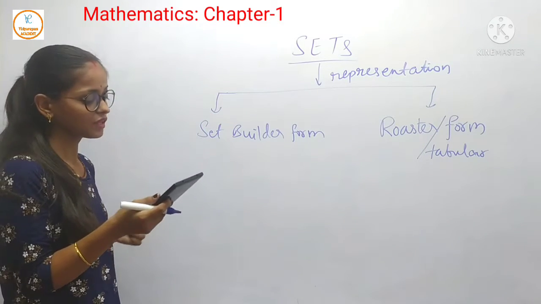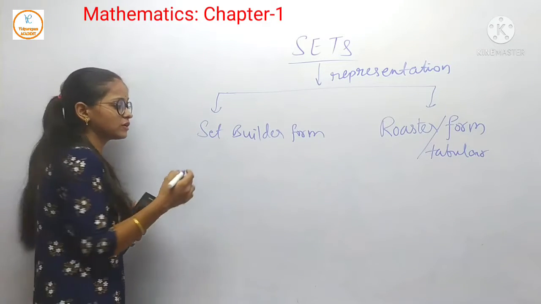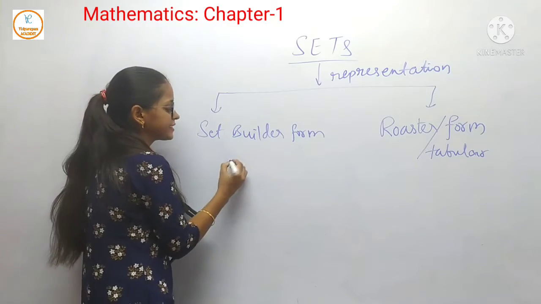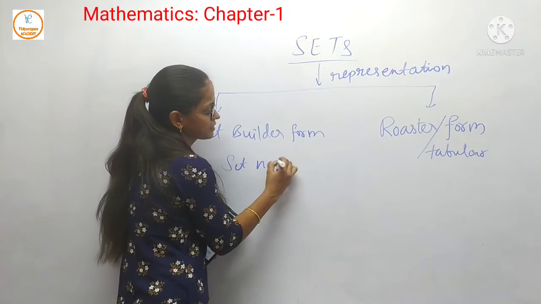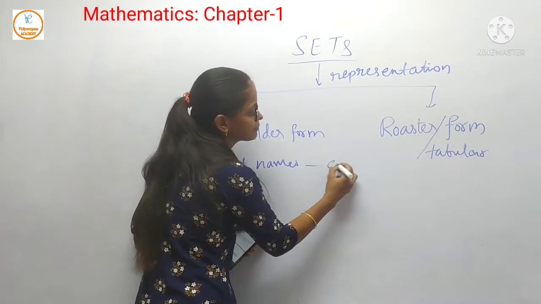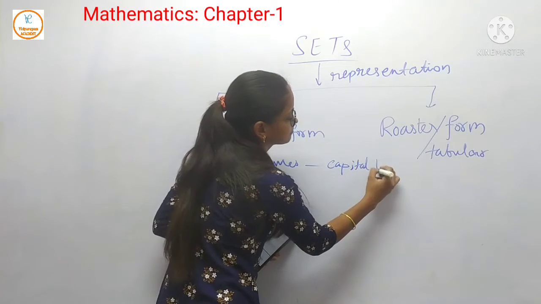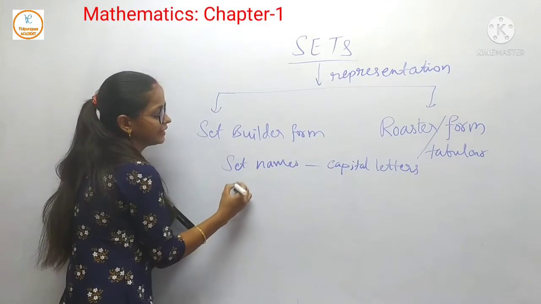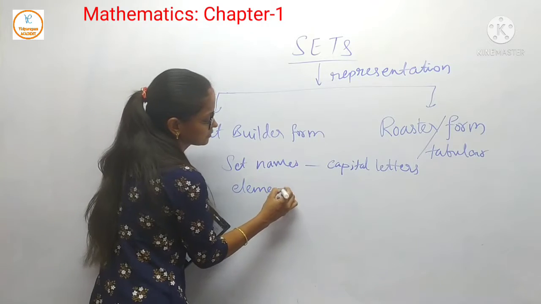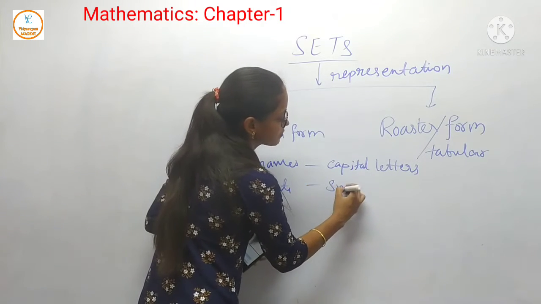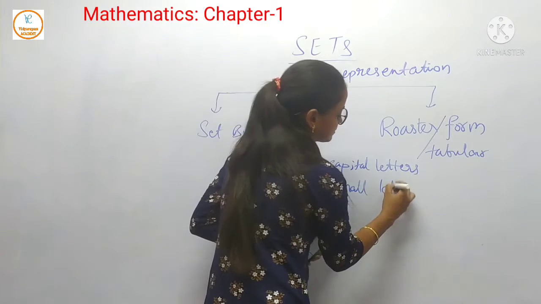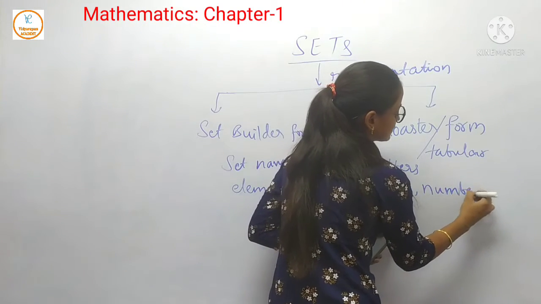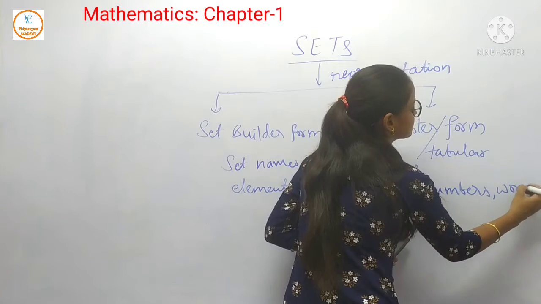The main rule in the set chapter is that set names are denoted by capital letters, and elements are represented by small letters, numbers, or even words.